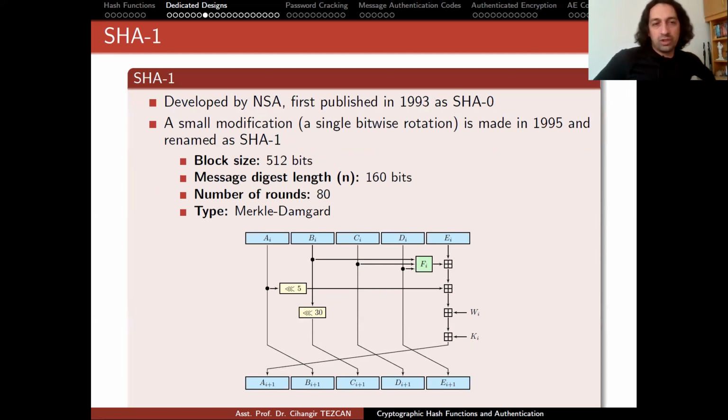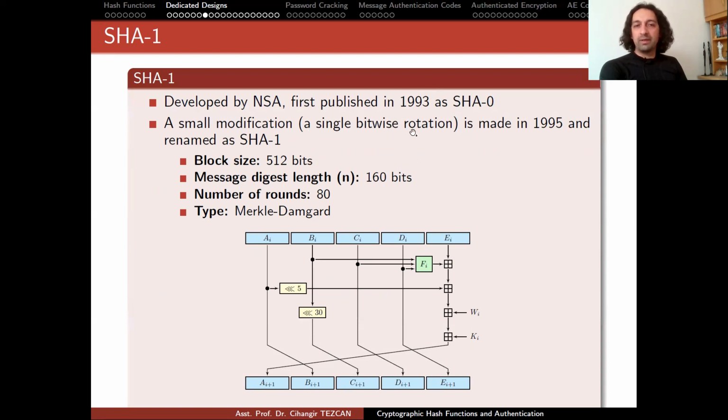Now we can move on to SHA1. MD5 is broken, MD4 is broken, so we moved on to SHA1 in history. This time it was developed by the NSA, so it wasn't developed by academicians. It was first published in 1993, but then they made a small modification.